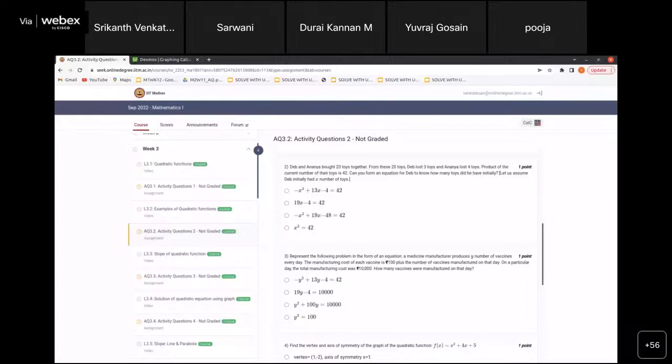What we asked is: can you form an equation to know how many toys Deb had initially? We have also given the hint that Deb initially has X number of toys. So you have X toys initially. When you have X toys, how many toys will your friend have initially?